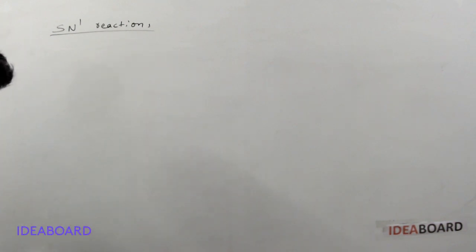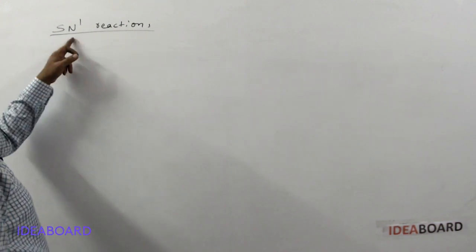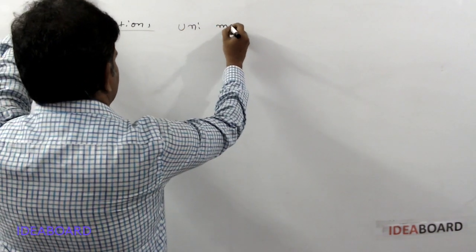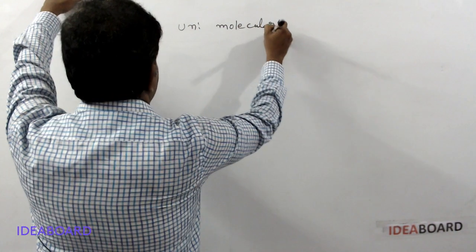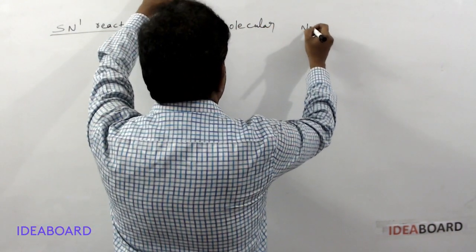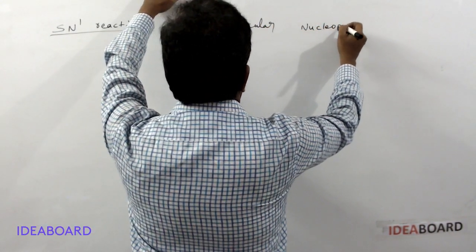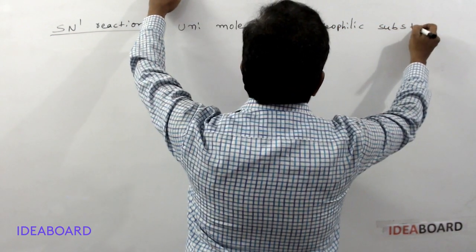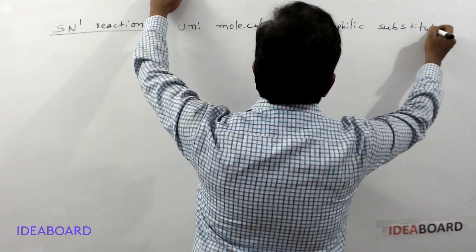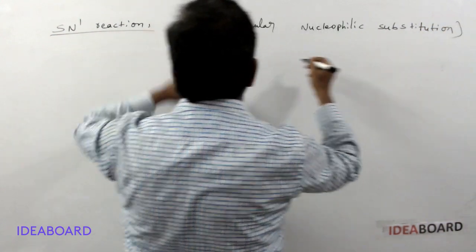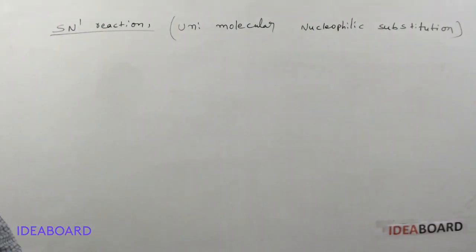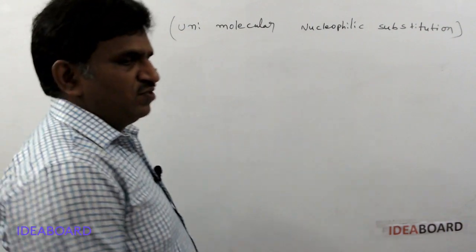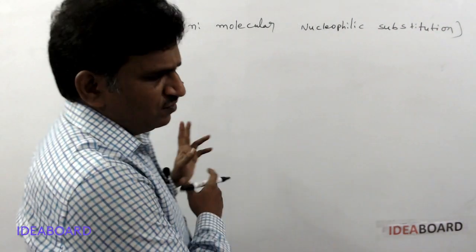SN1 reaction means substitution nucleophilic unimolecular, that is, unimolecular nucleophilic substitution reaction. Unimolecular means the molecularity is 1. According to kinetics, the molecularity is 1. How the molecularity is 1, we will check.